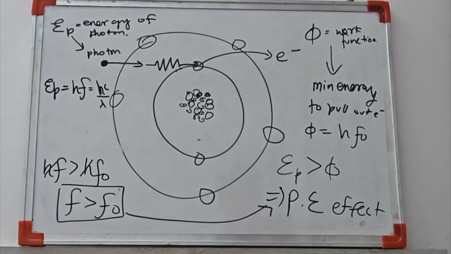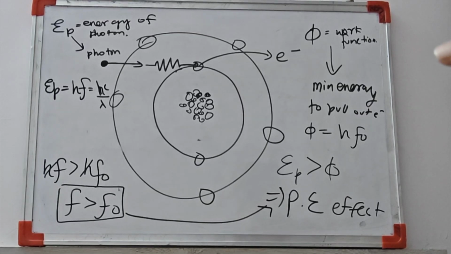So we can define the work function as hf naught. f naught is the threshold frequency. The threshold frequency is the least frequency, the exact frequency that can make hf naught equal to the work function energy. The work function is a predefined energy. So when you multiply h by f naught, you get the work function. That frequency is f naught.